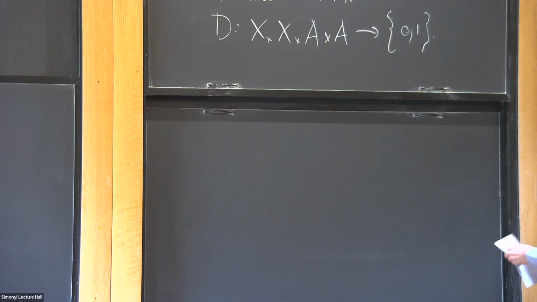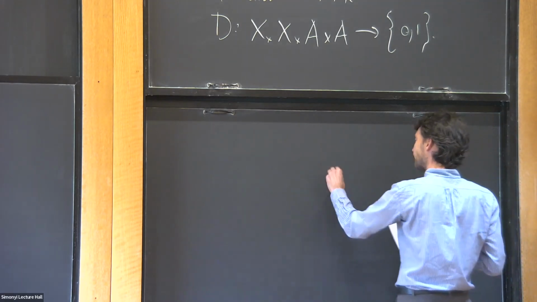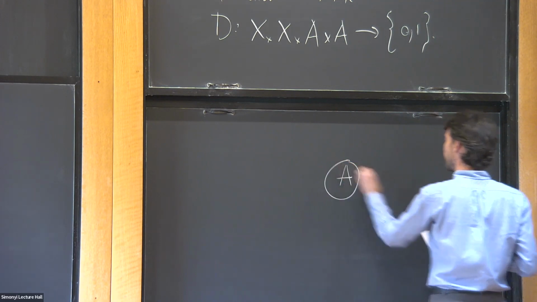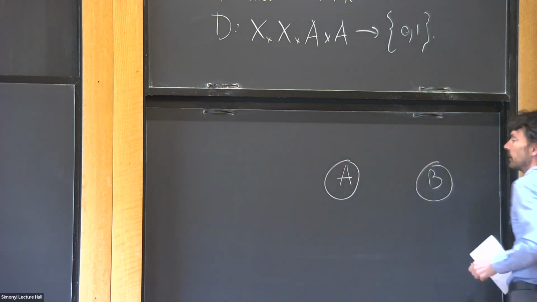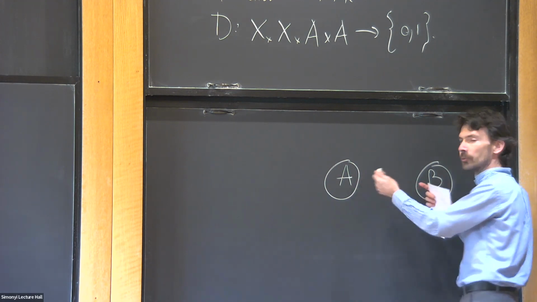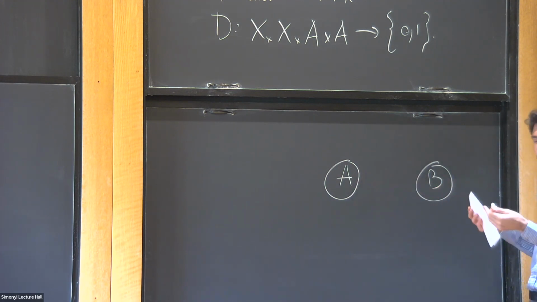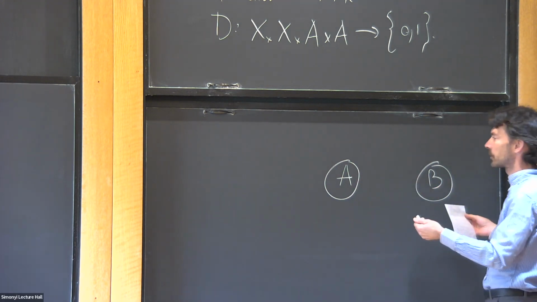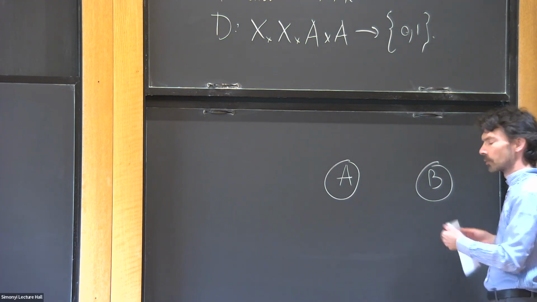There's 2 players in this game, A and B. These players are going to cooperate in order to win the game. There's one restriction on them, which is that there's no communication. So they know the rules of the game and everything, but when the game starts, they can't talk to each other.